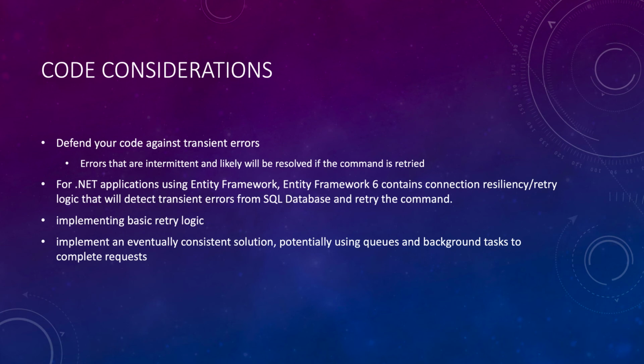This is due to the inherently unreliable network that is the internet, and the fact that as a managed service, SQL database might periodically undergo maintenance activities that could cause connections to drop temporarily.